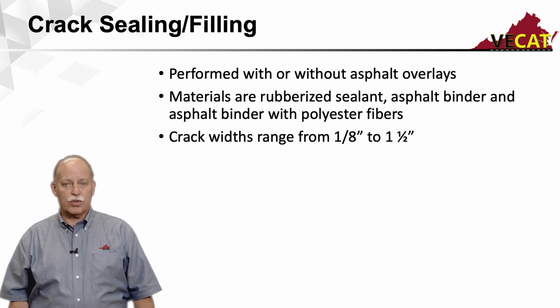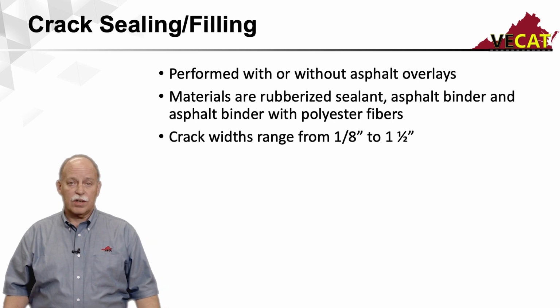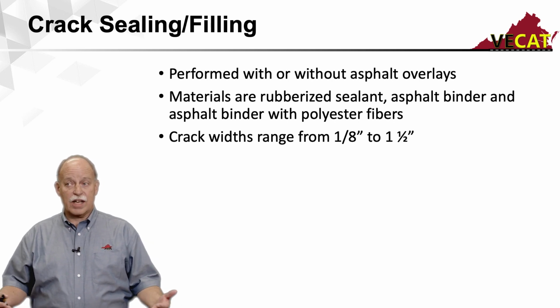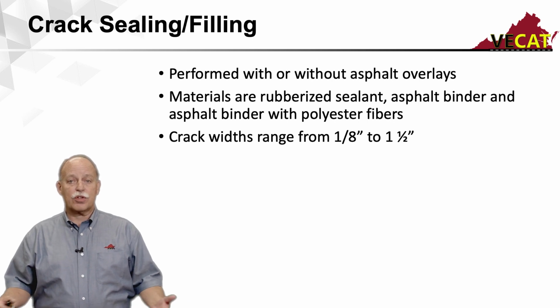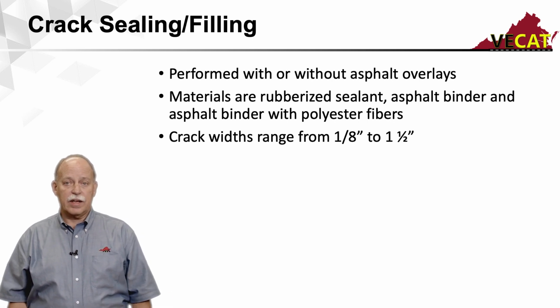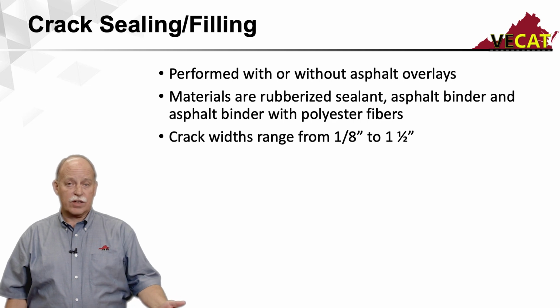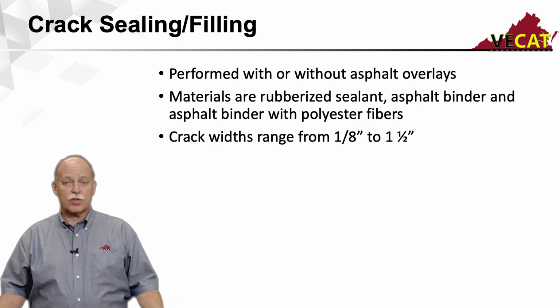Most of the materials that are used for crack sealing are a rubberized type of crack sealant. They're an asphalt binder, and some of them actually have polyester fibers. But most of the crack sealing materials that are used today, and VDOT requires when they do crack sealing on their projects, those types of crack sealing materials are built to last long when they're applied correctly under the cracks that are there.